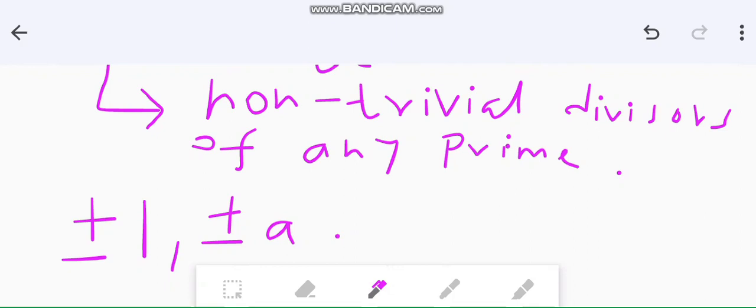Now if a is a prime number, then it should have only the trivial divisors plus minus 1 and plus minus a. But suppose we do not know whether it is a prime or not, then it could have some non-trivial divisors. Non-trivial divisors means the divisors except plus minus 1 and plus minus a, so they are in between, between 1 and a.